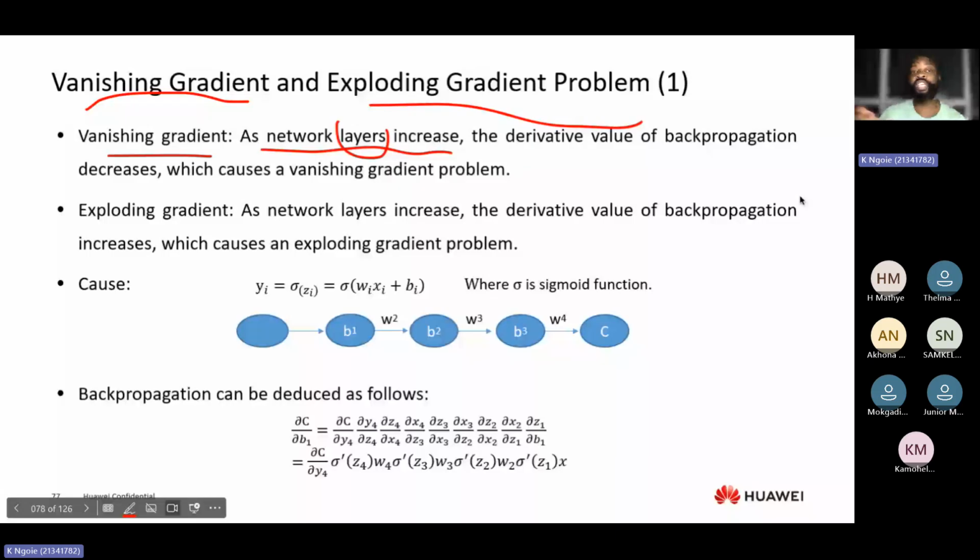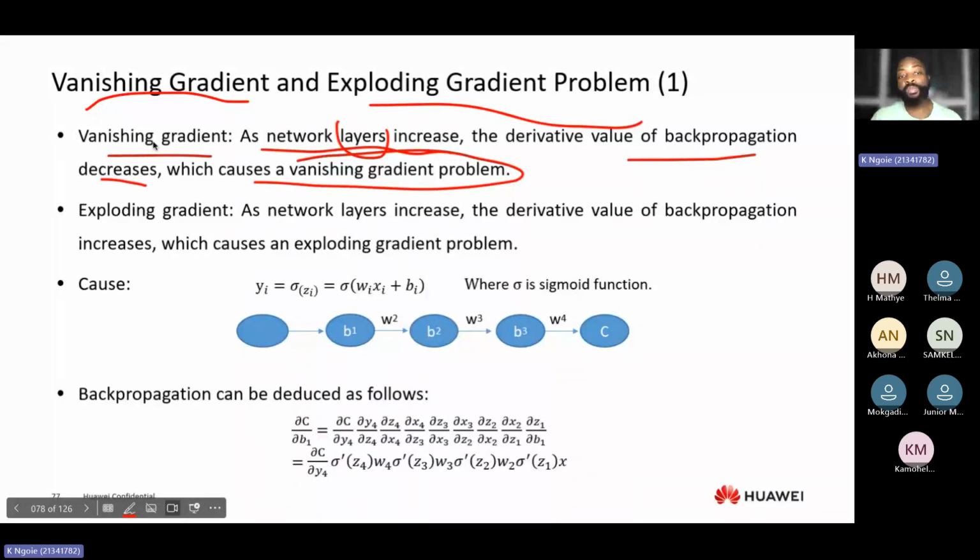As we're moving along, we realize that the value of the back propagation decreases, which causes a vanishing gradient. So the network loses memory. It loses information about the loss, as we're reducing the loss. So we have this vanishing gradient.